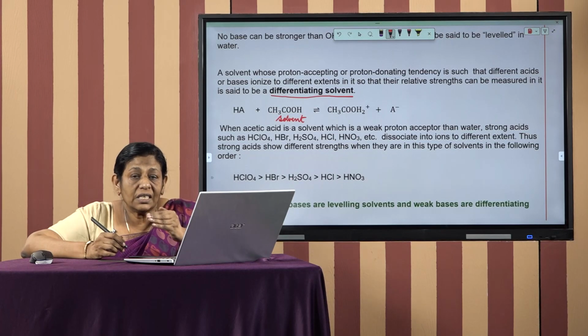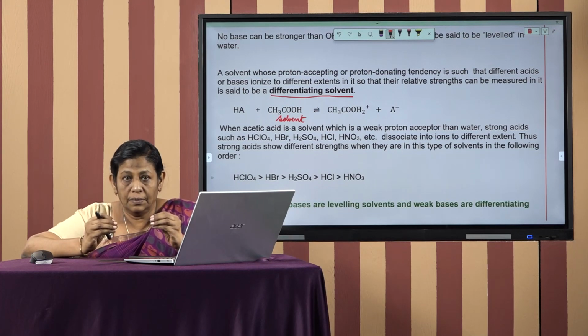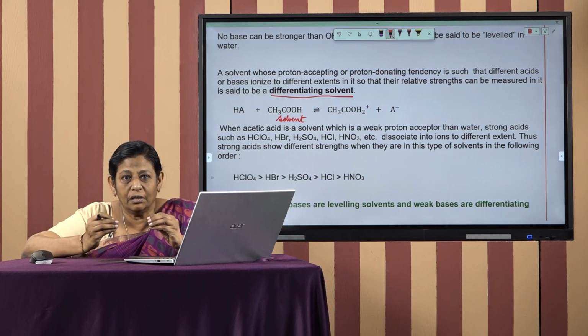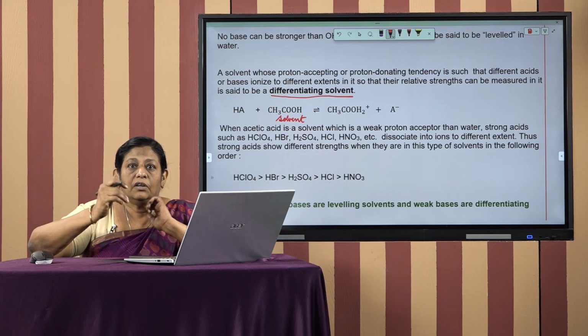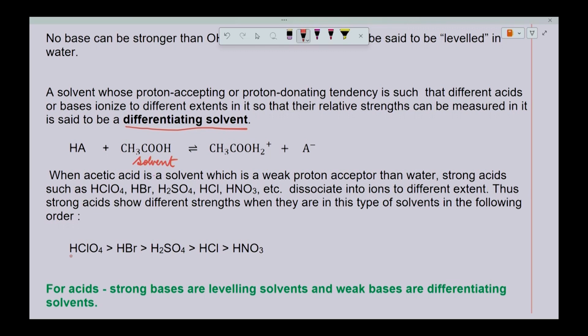Now, when these acids are added to acetic acid, since acetic acid is a weak acid, these acids have to compete with acetic acid for donating the proton. So, there is some difficulty in donating a proton, and therefore the acids are differentiated, and we have HClO4 being the strongest one, then comes HBr, then sulfuric acid, then HCl, and last is HNO3.